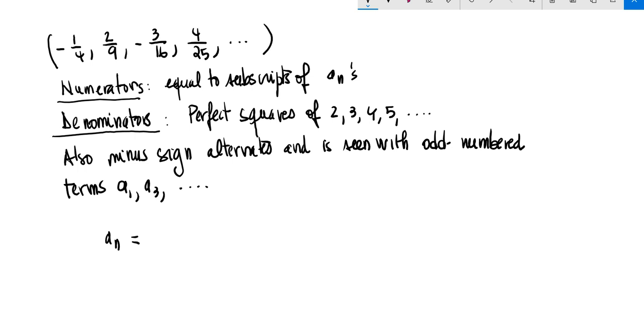Well, the numerator must have n in it. The denominator, right, the first one is 2 squared, the second one is 3 squared, and so on. So the nth one will be n plus 1 squared, and the sign is alternating, right?